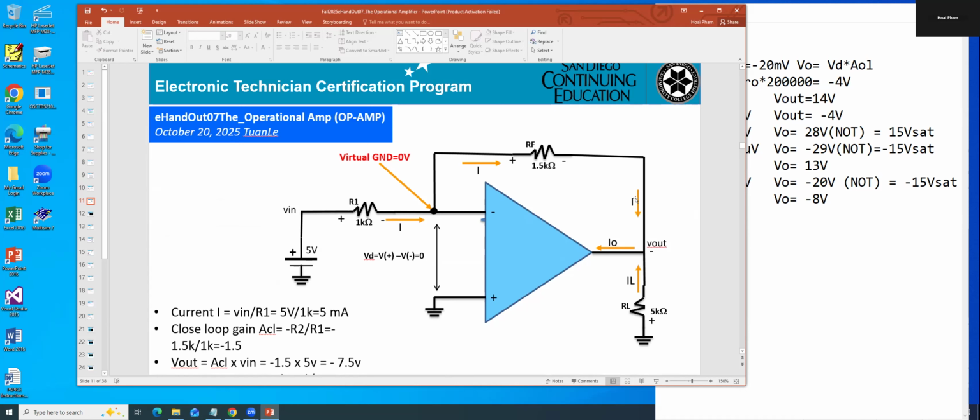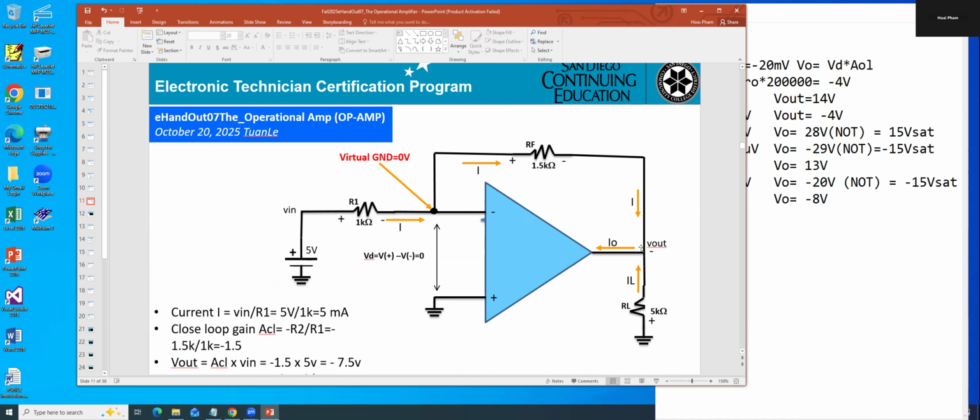So the current going down to this point cannot go down. Why? The other side of the load is positive. So that's why it has to go into the op amp. That's what they call sink current.